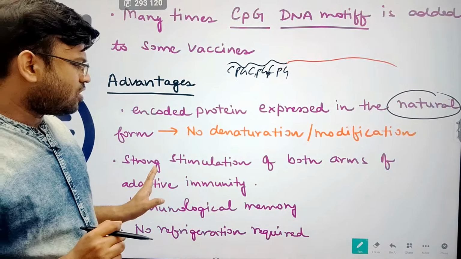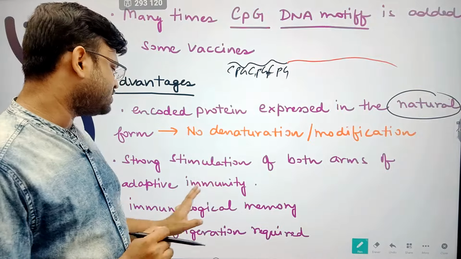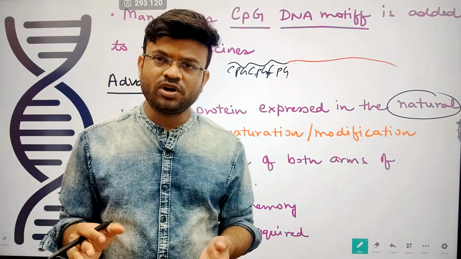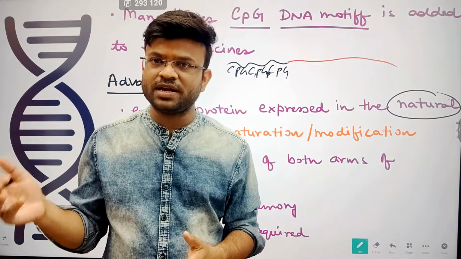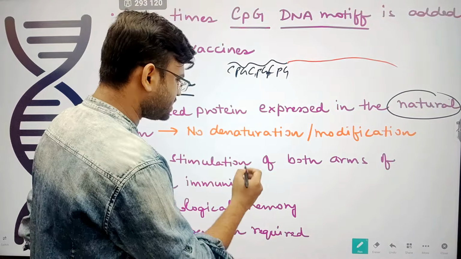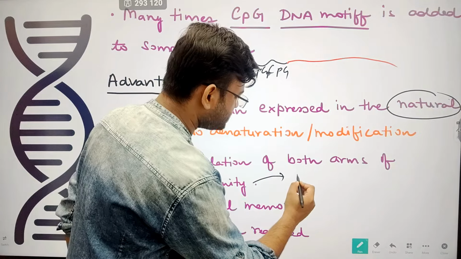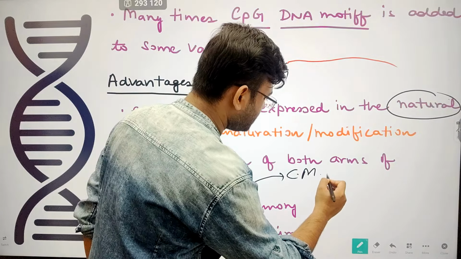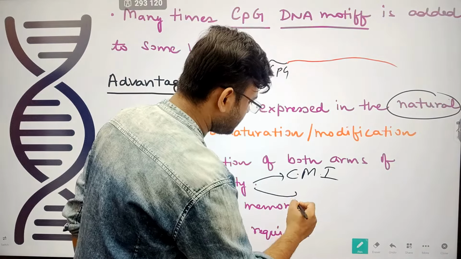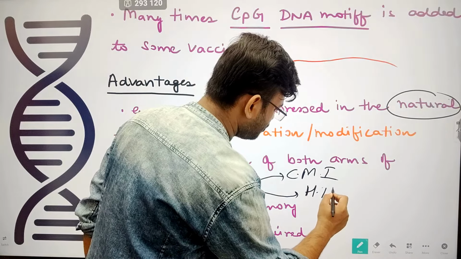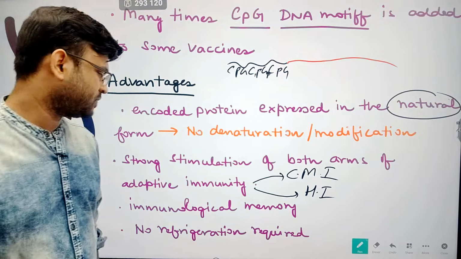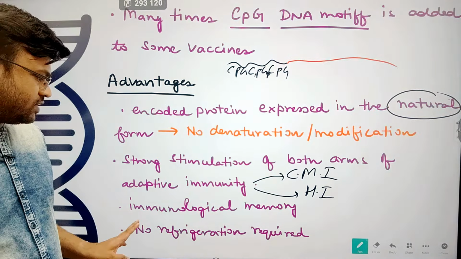Now, strong stimulation of both arms of the adaptive immunity. I have told you that both the arms, that means the T cell arm, those are cell mediated immunity. So let me just write down over here. Cell mediated immunity is also activated, and the B cell arm, or let us talk about the humoral immunity, is also activated. So cell mediated and humoral, both are activated.